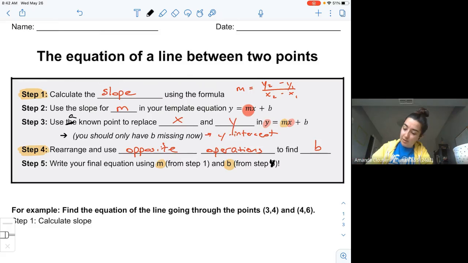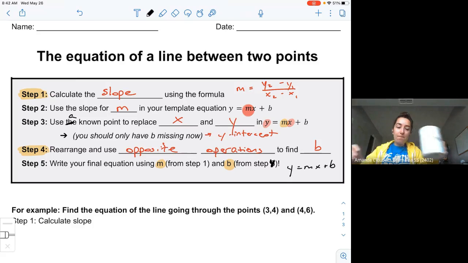Once again, you're putting that in y equals mx plus b. Let me know when you're done writing, because I know this is a lot of words here. And then we'll move on and do our first example together.